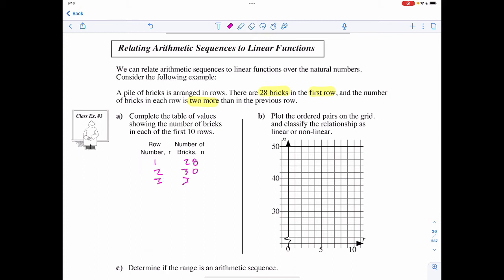Row 3, there would be 32. 4 would be 34. 5 would be 36. 6 would be 38. 7 would be 40, 8 is 42, 9 is 44, and 10 is 46.